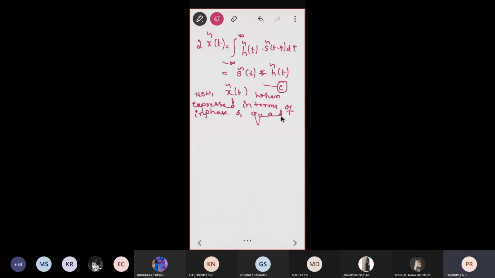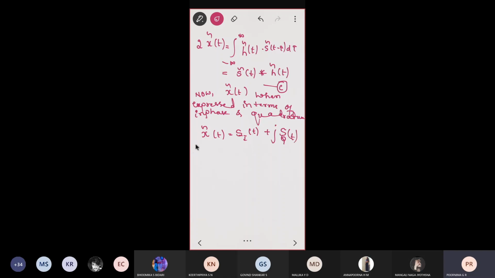How do you represent this one? x tilde of t is equal to s I of t, in terms of the bandpass signal's in-phase component, plus j times the quadrature component s Q of t.